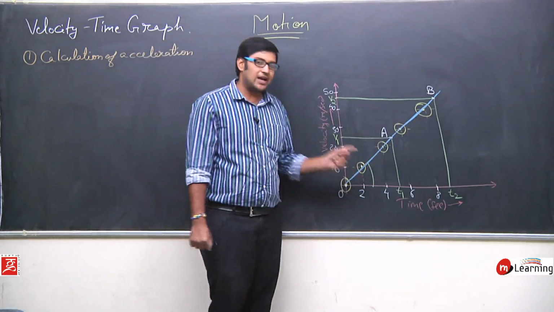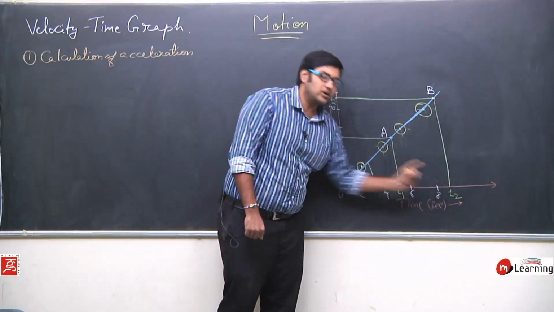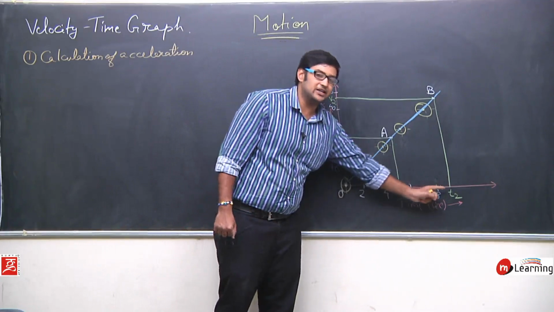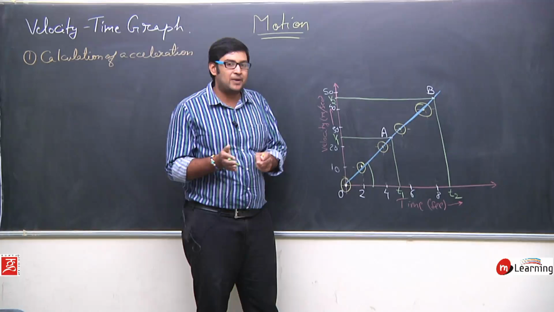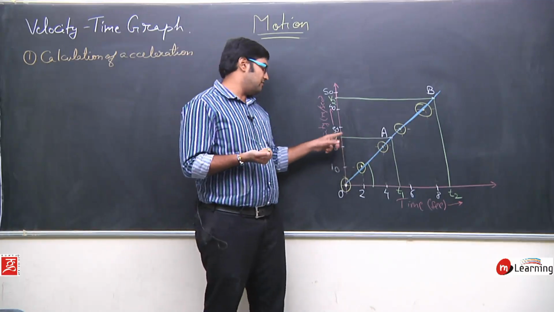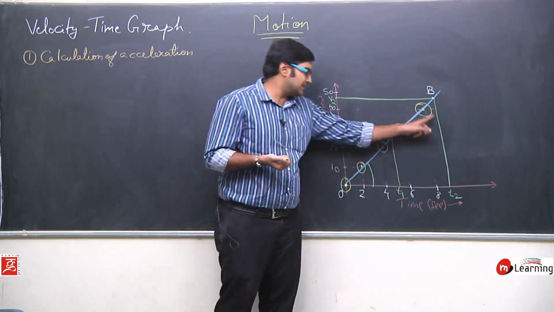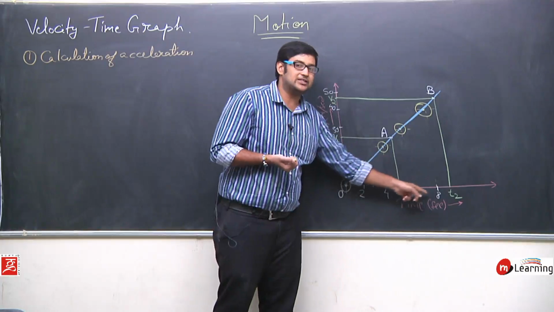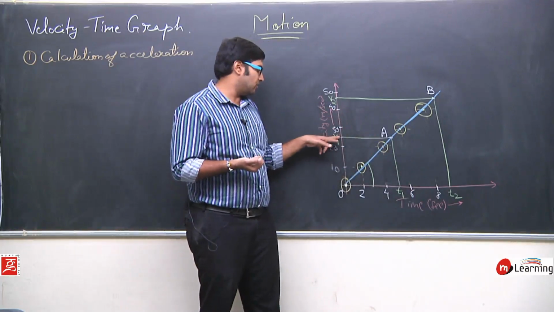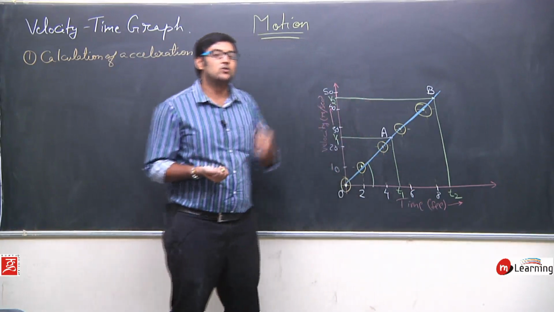Okay. Now, to calculate the acceleration, we have to calculate the change in velocity per unit of time. So we are considering the time interval from t1 to t2, and in this particular time span, you can see the velocity varies from v1 to v2. Simply consider this time interval t1 to t2. Velocity changes from v1 to v2.